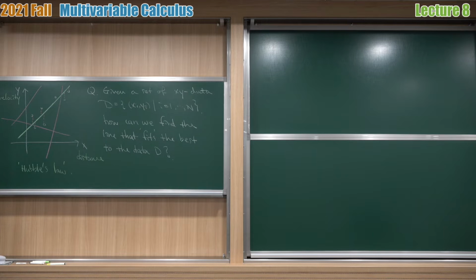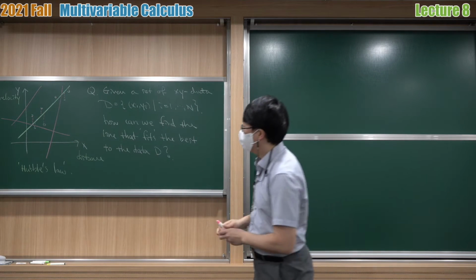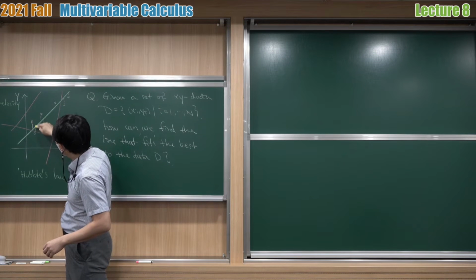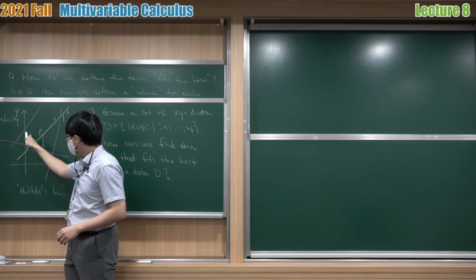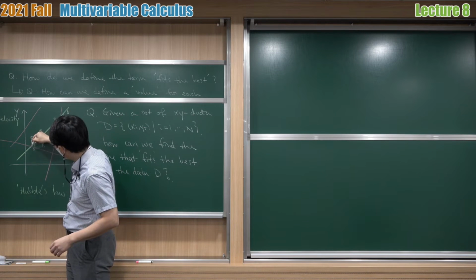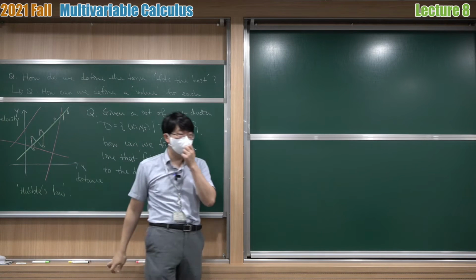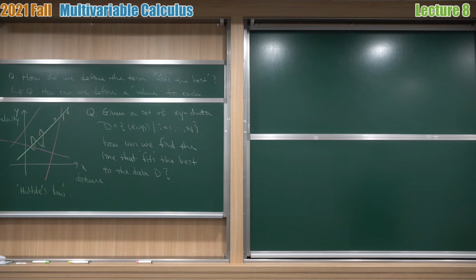So why should we use the vertical distance instead of perpendicular distance? So this one is the vertical distance. We could have used the distance from the data to the line as the perpendicular distance, right? I was trying to say the perpendicular line.